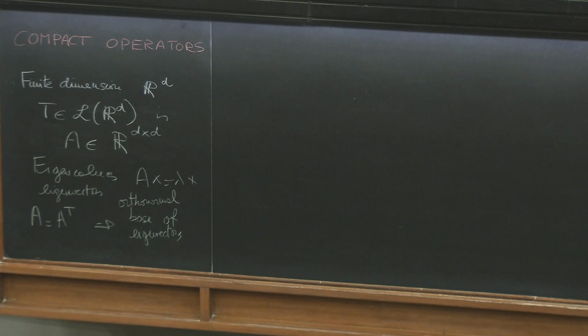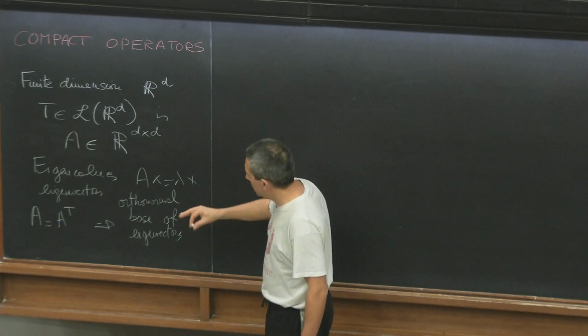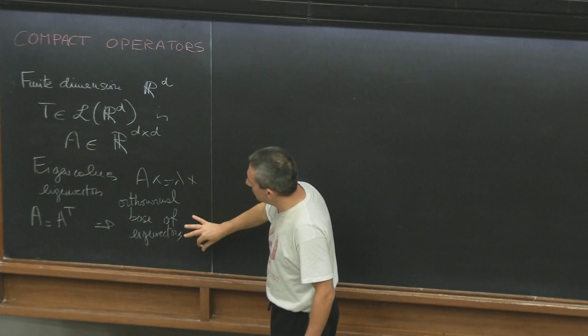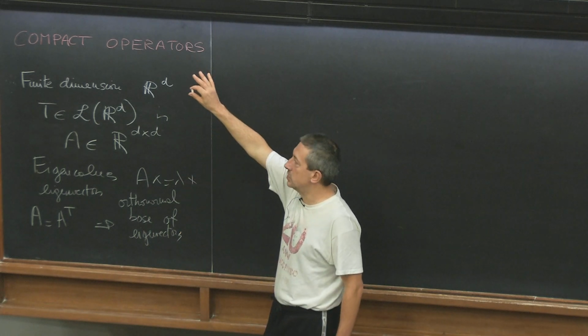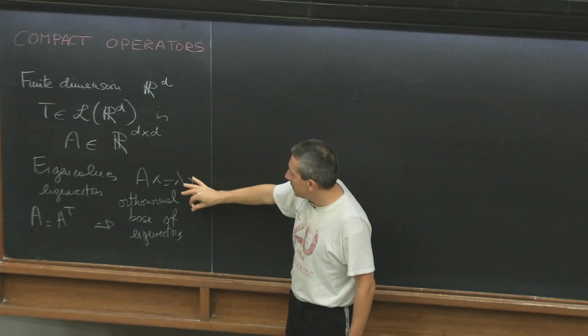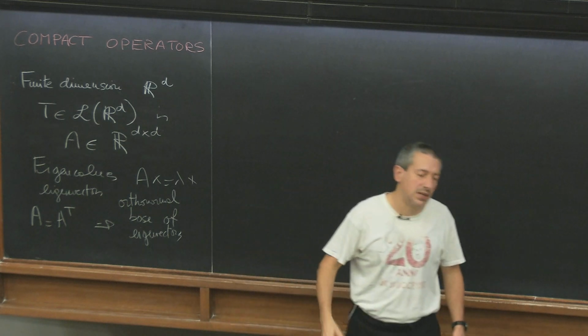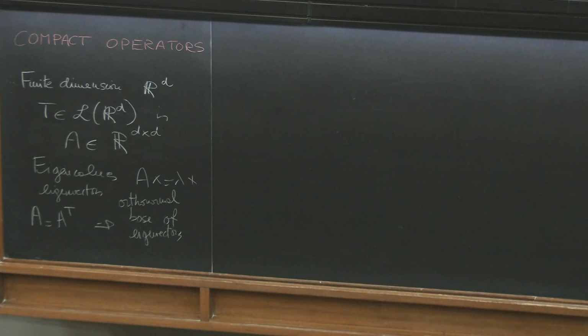So the aim of this last lecture is to show that you have something similar to this structure when the operator is compact. In general, this is not true, so even to give meaning to what is the base of eigenvectors is very complicated, and you have what are called spectral measures, objects more complicated than this one.